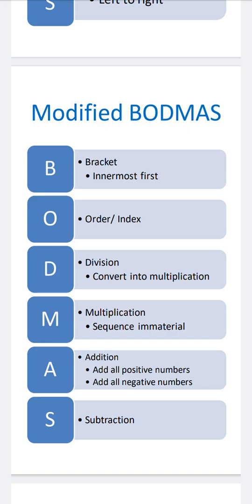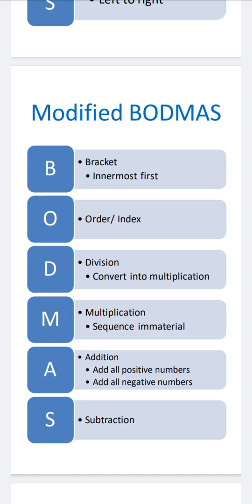You convert division into multiplication by taking the reciprocal of the number. Then you perform multiplication, and the sequence is immaterial. You can perform in any order or all the multiplications together.